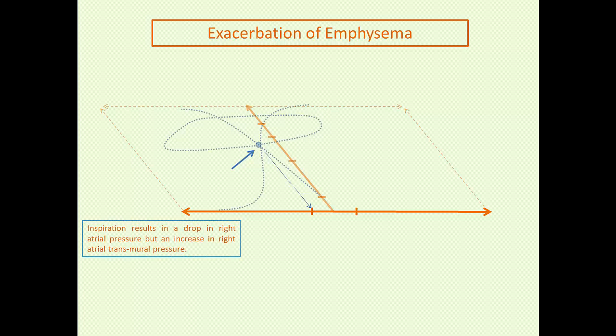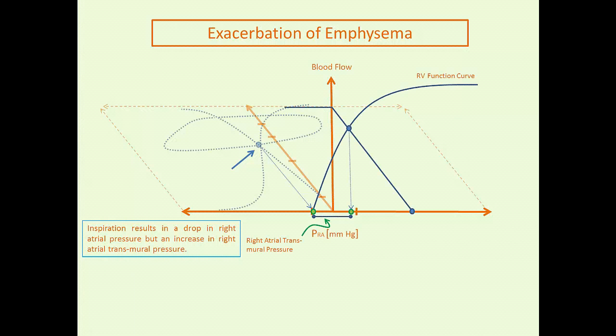And as we talked about, there's an inspiratory drop in right atrial pressure, and that is because, as I've said a number of times before, this point here is key for the pressure interaction between the pleural pressure and the right atrial and right ventricular loading pressures.